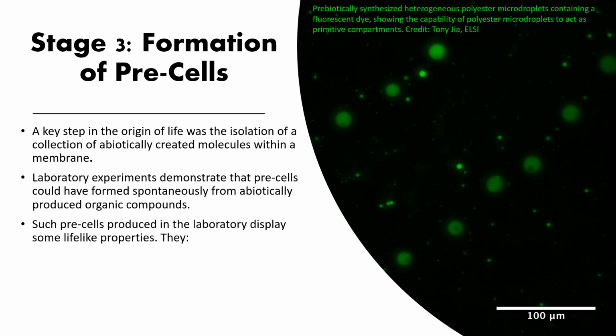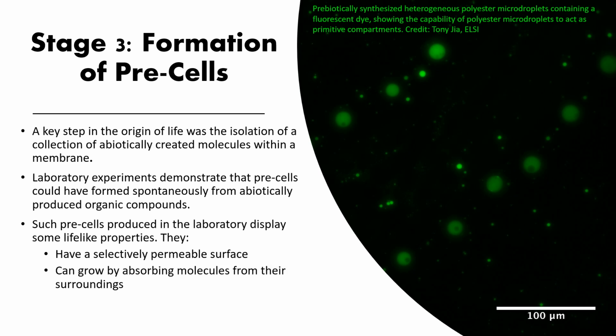Now, when they do this, the pre-cells behave like living cells. These are a couple of the properties that they have. They are created in a spontaneous way, but those pre-cells have selectively permeable surfaces, just as our cells have selectively permeable membranes.